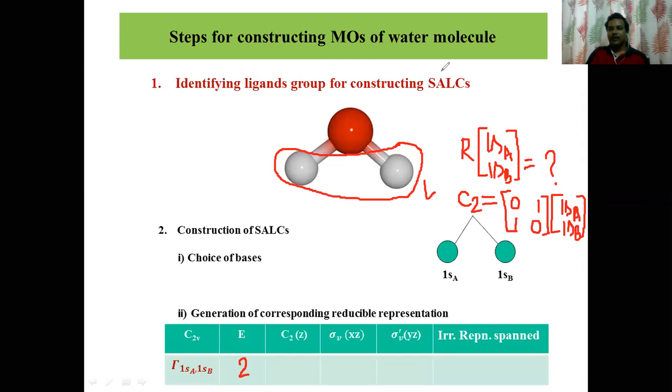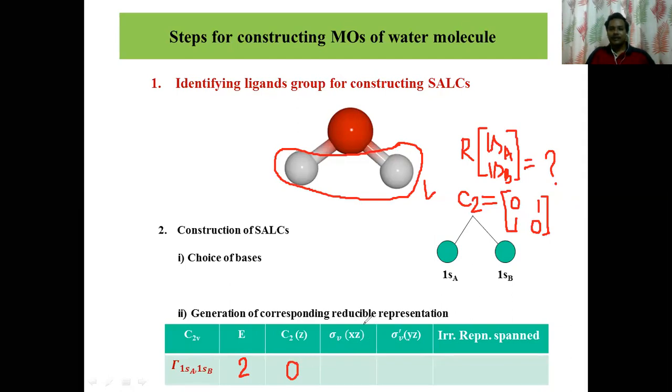So the matrix we are going to get is basically this one. So I remove this now. Right. So that means if the operation is C2, the corresponding matrix representation is going to be 0 1 1 0, right? So the character corresponding to this C2 operation then must be 0. So 0 plus 0, that is going to be 0, right? So therefore this is going to be 0.